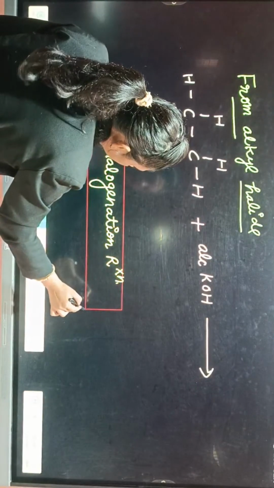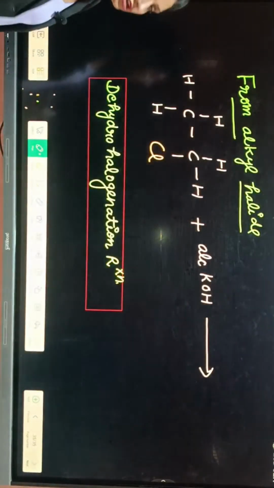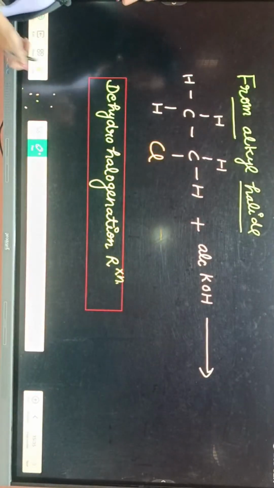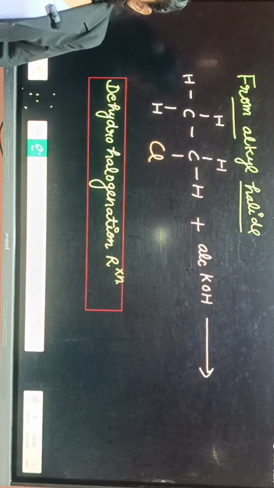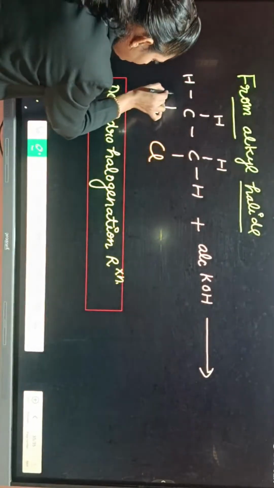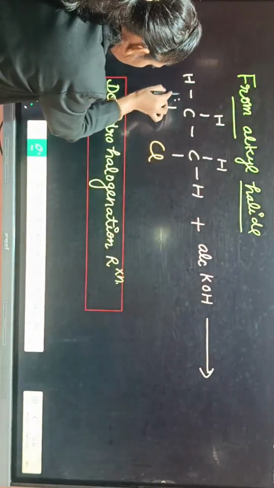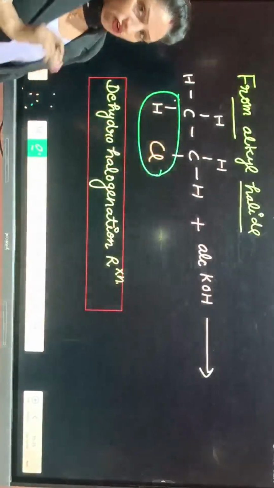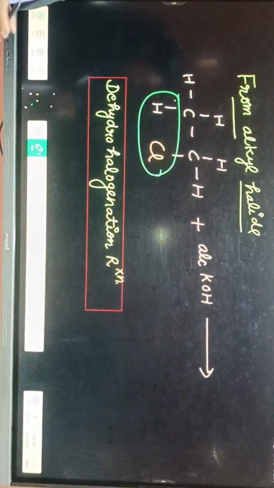De means removal, hydro means hydrogen, halogenation means halogen. It means removal of hydrogen and halogen takes place. Simple, you can learn: we will remove hydrogen and halogen.